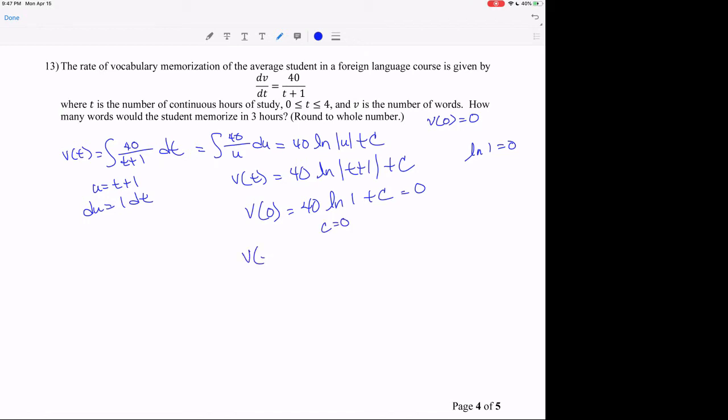So then I know that v of t equals 40 ln absolute value of t plus 1. So then I want to find v of 3, so that's 40 ln of 3 plus 1, which is 40 ln of 4, which is a perfectly good answer to me.